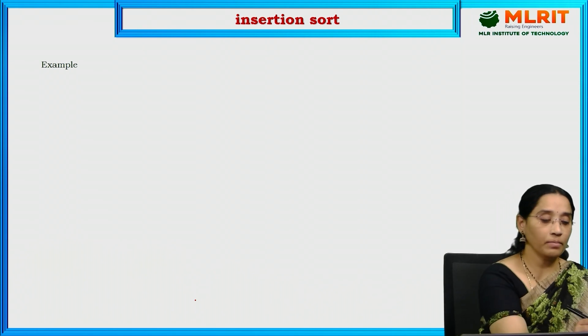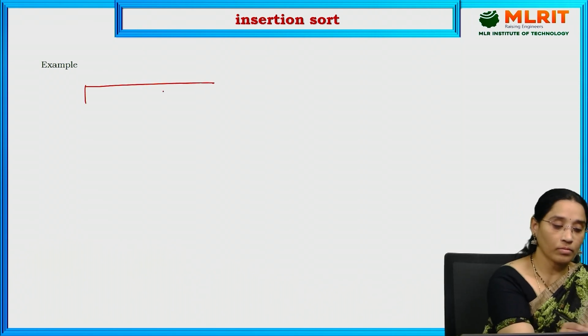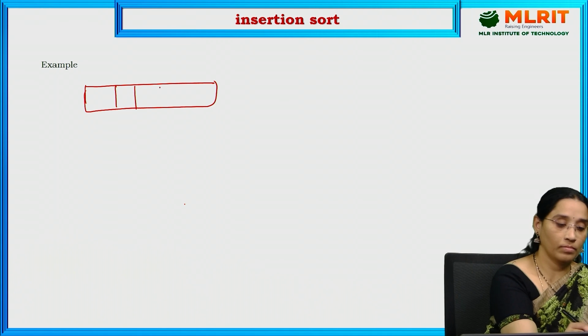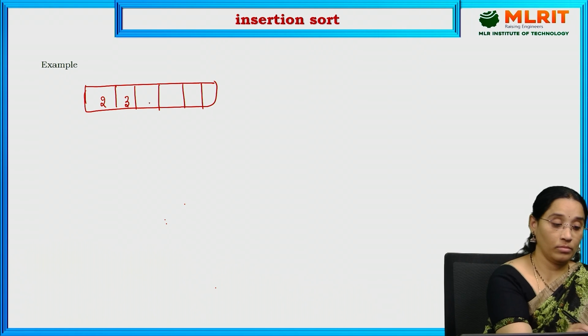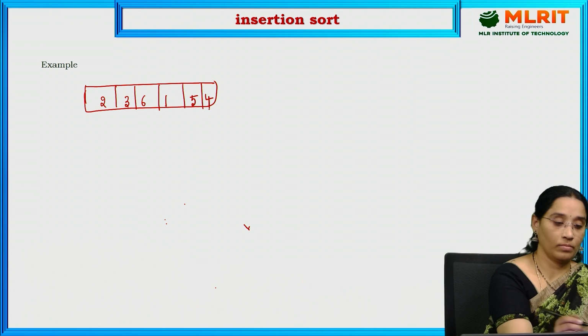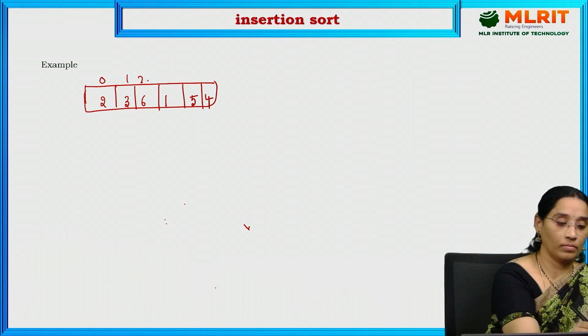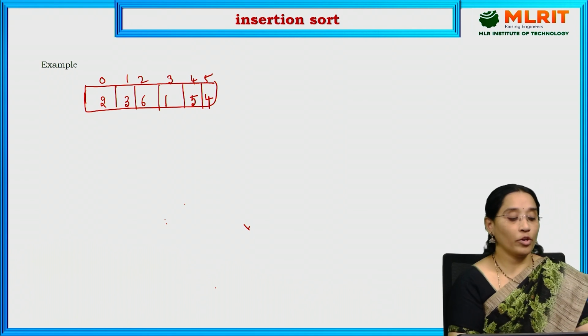Consider the array. So this is your array. So what is insertion sort?